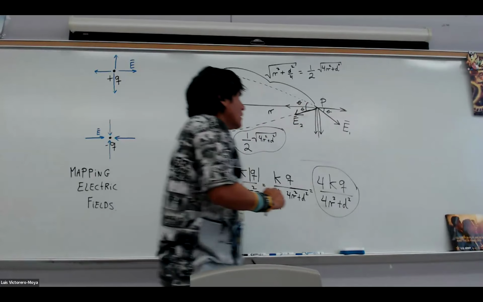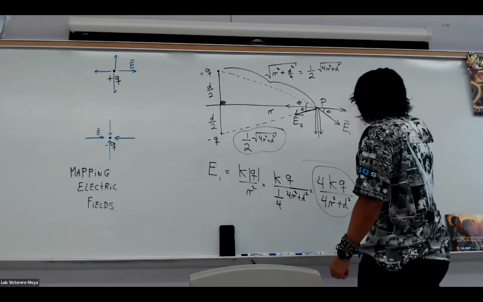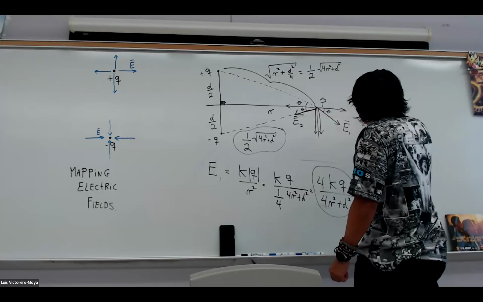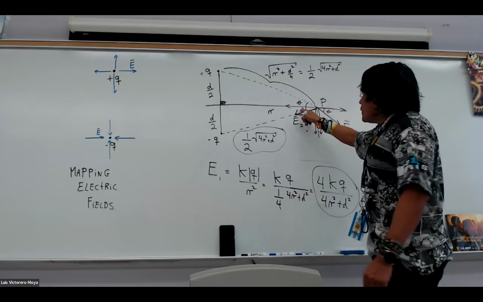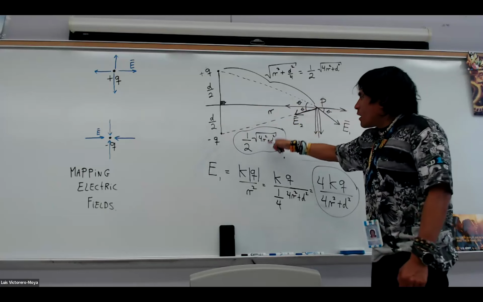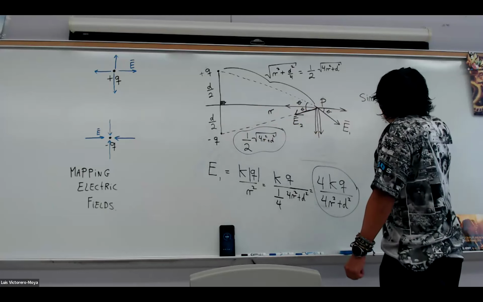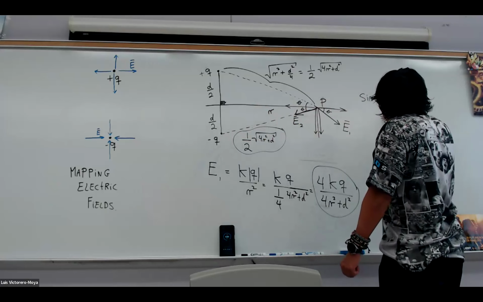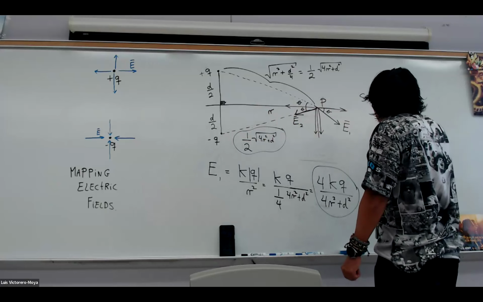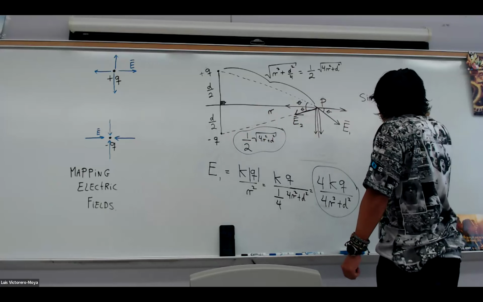You need sine and cosine, but mainly sine. Sine of theta is opposite over hypotenuse. So don't be surprised that a lot of the terms that you're gonna use are gonna cancel.